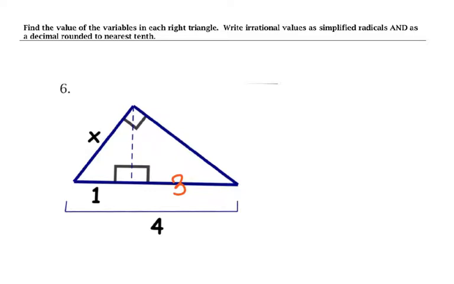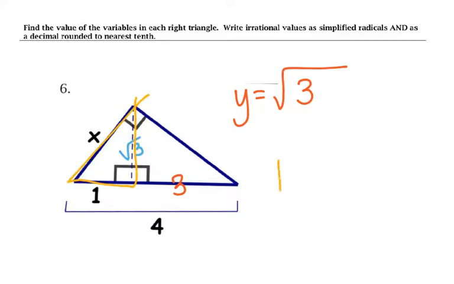And so the geometric mean is what's going to allow us to do this. The first thing I'm going to do is find that piece right there. Sometimes you have to find something extra to get to where you want to be. That's going to be the square root of 3, so I'm going to put square root of 3 right there. Now using that, let's take a look at this triangle. 1 squared plus square root 3 squared equals x squared.